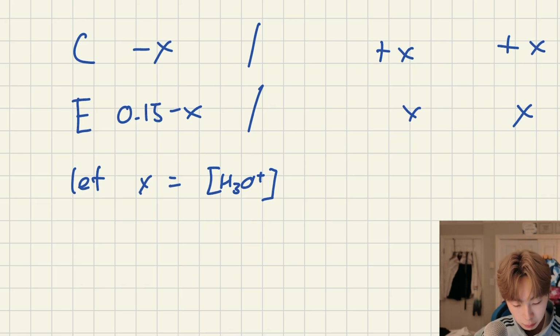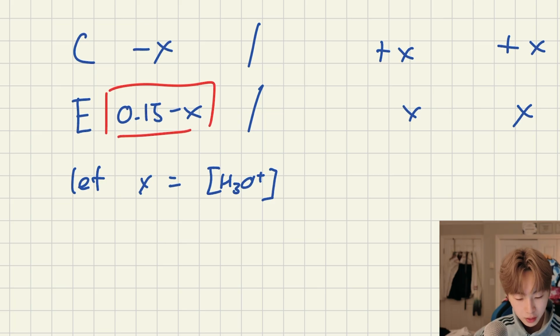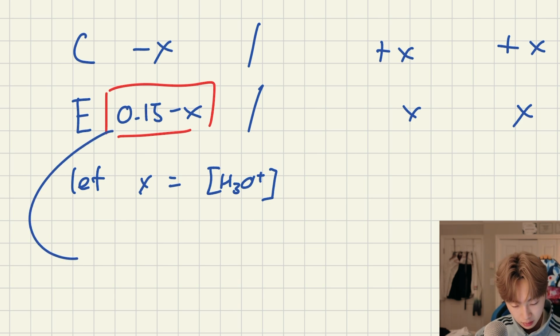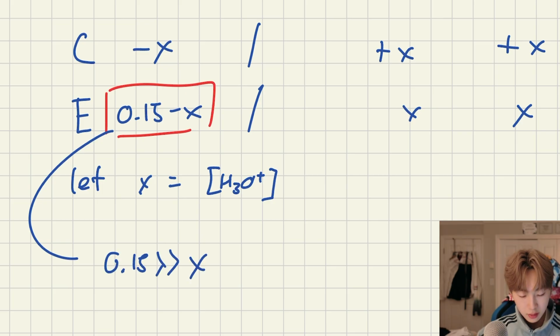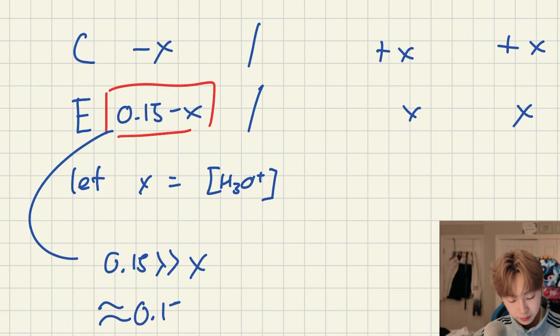For our equilibrium concentration of ammonium, we're gonna assume that 0.15 is much bigger than X, so X is negligible. So we're gonna neglect X for now, so it's gonna be equal to 0.15.